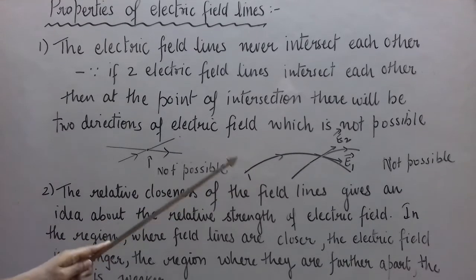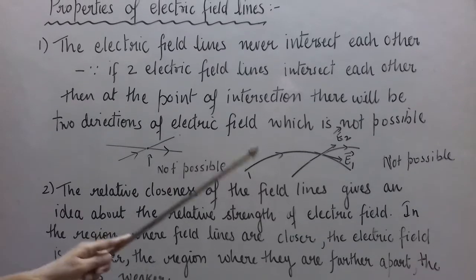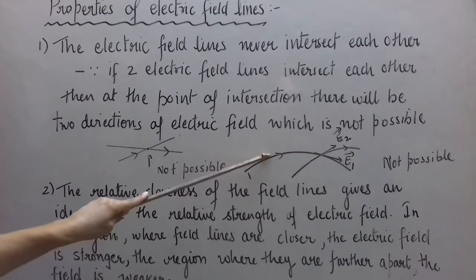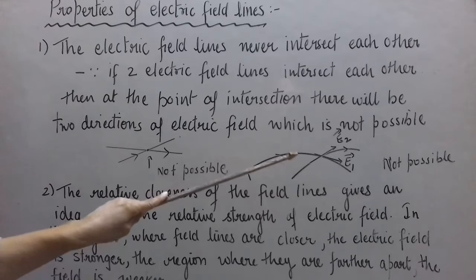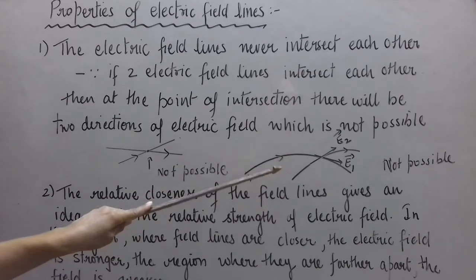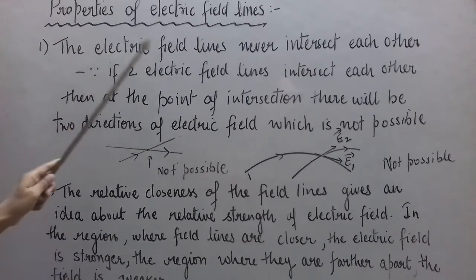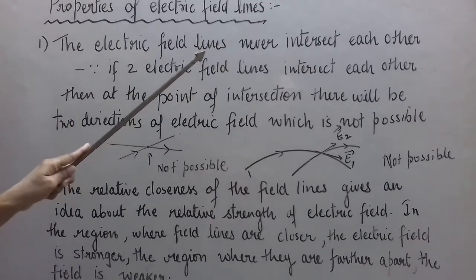But at any point, electric field cannot have two directions. So again here, if the two lines intersect, then there will be two directions of electric field, which is not possible at any point. And hence we should accept that the electric field lines never intersect each other.